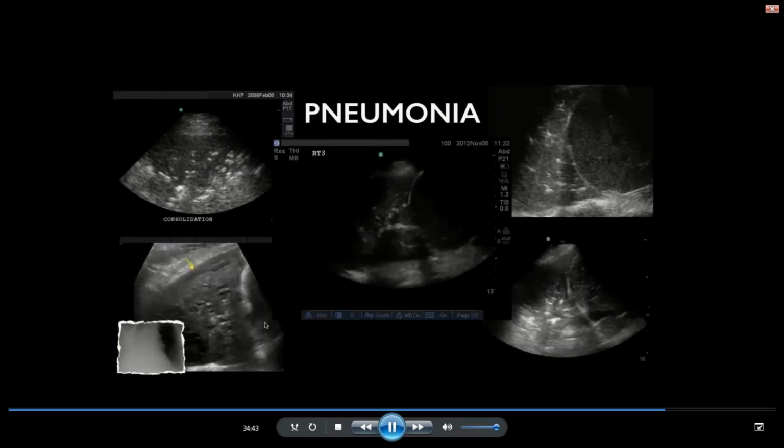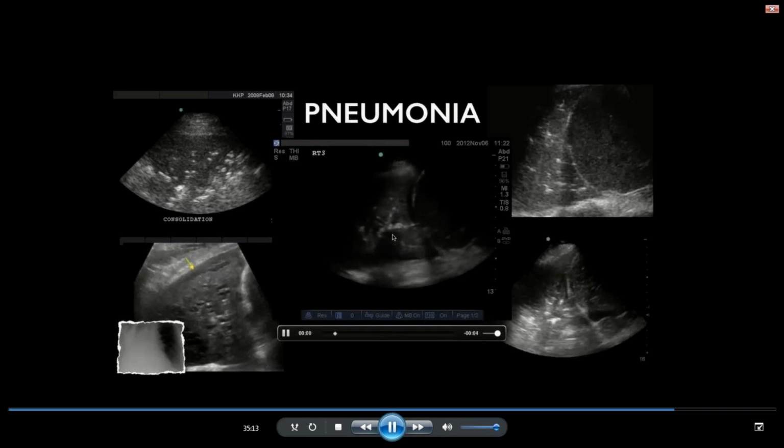Here are some other examples of consolidation and pneumonia. Once again, in the center video here, you can appreciate the diaphragm, the liver, and the pleural fluid. What I can see beautifully is that the lung looks more like the liver. In other words, it's hepatized, it's consolidated, and you can also appreciate these air channels, these white streaks going through the lung.